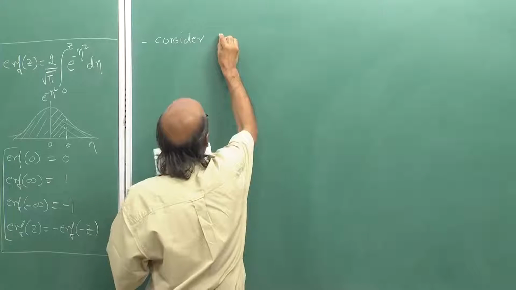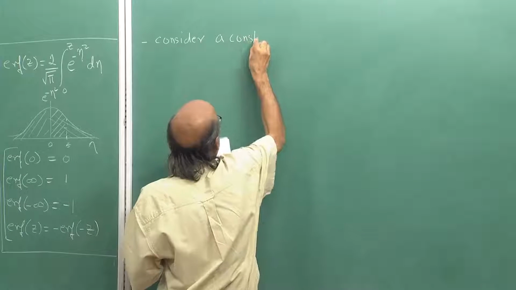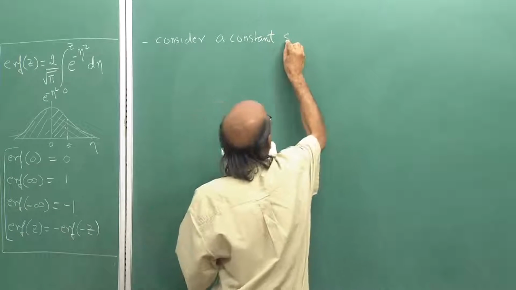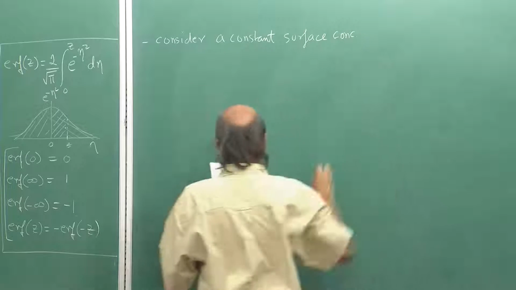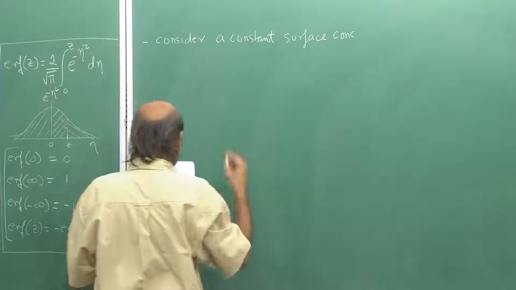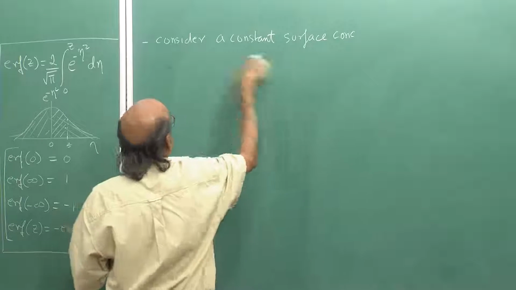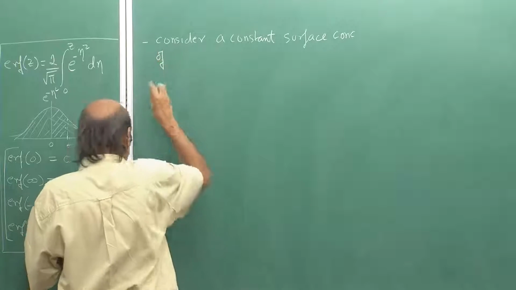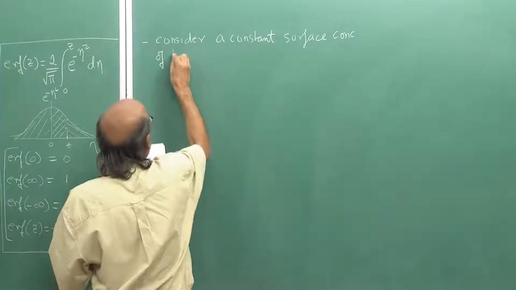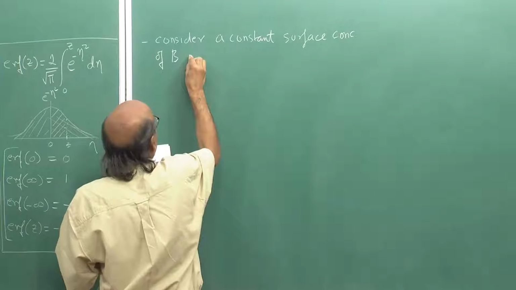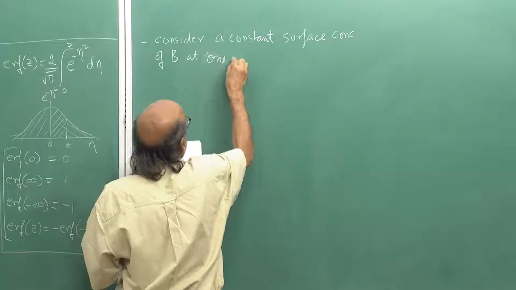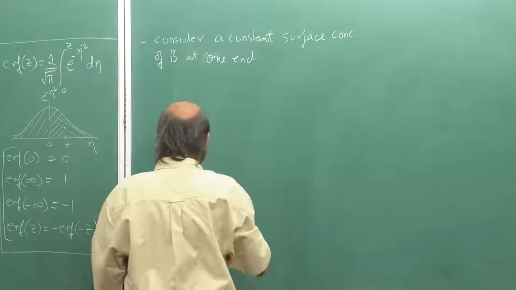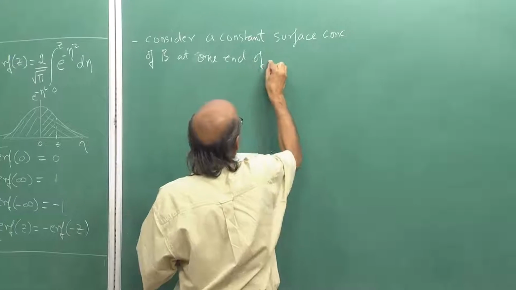Consider a constant surface concentration of solute atoms, so surface concentration of B atoms at one end of a semi-infinite bar.